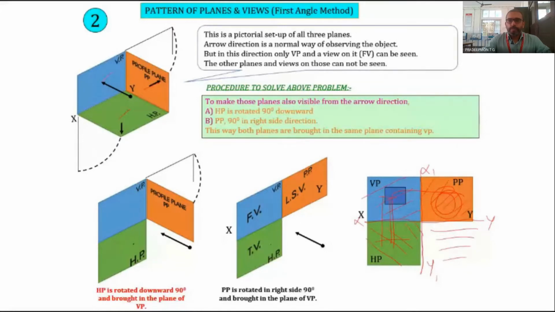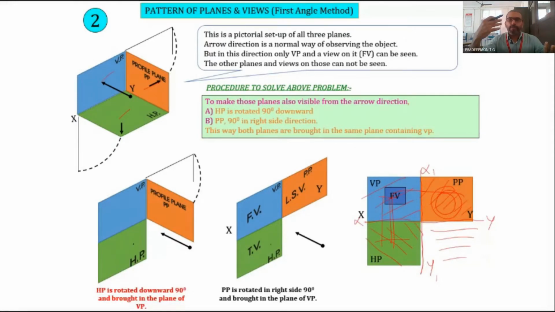So obviously in first angle projection, we have already said that the object is placed in the first quadrant and the observer is looking towards the vertical plane, that is, the object will be in between the observer and the vertical plane. So the front view will be projected onto the vertical plane. In any case, the vertical plane contains the front view.